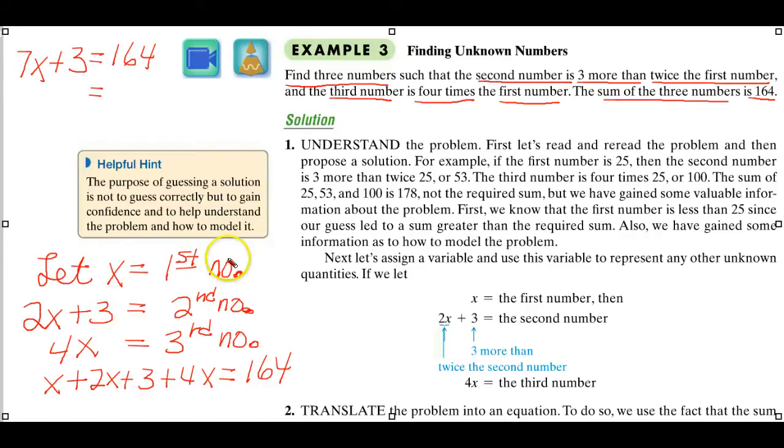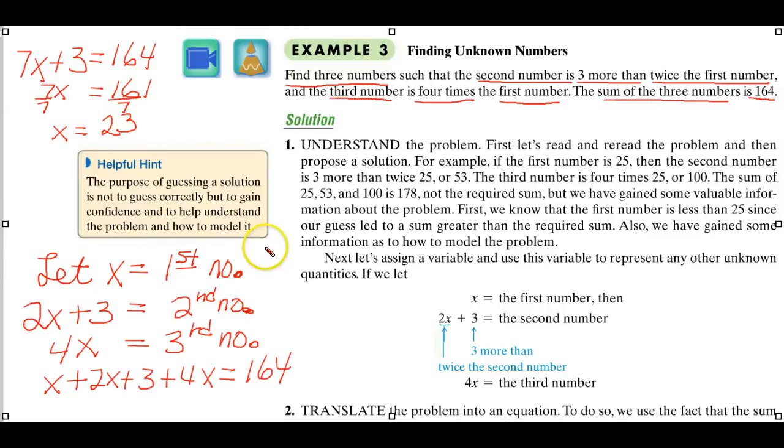We didn't know anything about the first, so we let that be x. And then these others were described in terms of the first number. And now we have our equation. We're going to transpose this. This is 161. Now we're going to divide both sides by 7. And we get x equals, then I get my trusty calculator, 23.